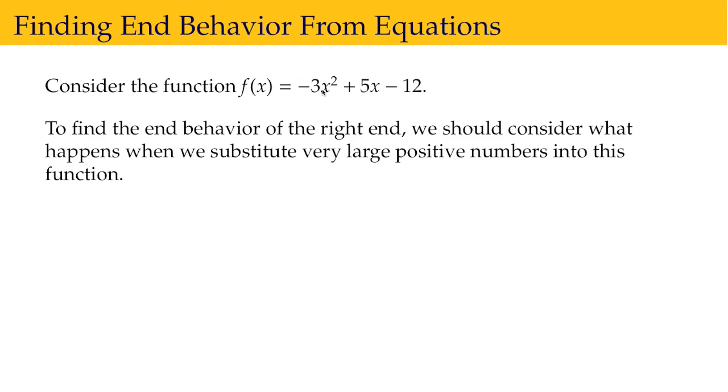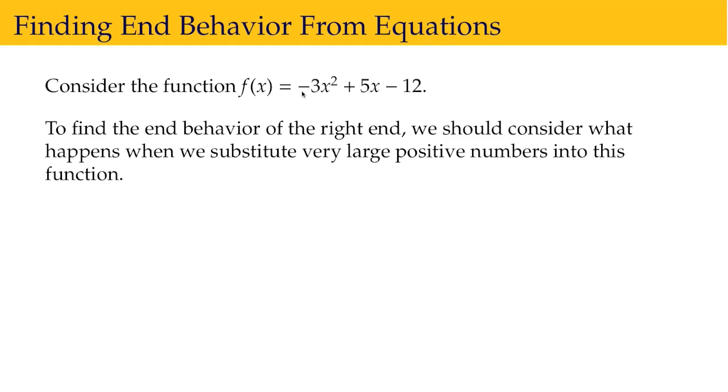Now I'm taking that very huge positive number and squaring it. That won't change the sign. Remember, if you raise something to an even exponent, you'll get something that's positive no matter whether you start with something that's positive or negative. If you raise it to an odd exponent, you keep the same sign, but in this case, when we're thinking about the right end, we're only thinking about substituting in positive numbers. So x squared is going to be positive no matter what.